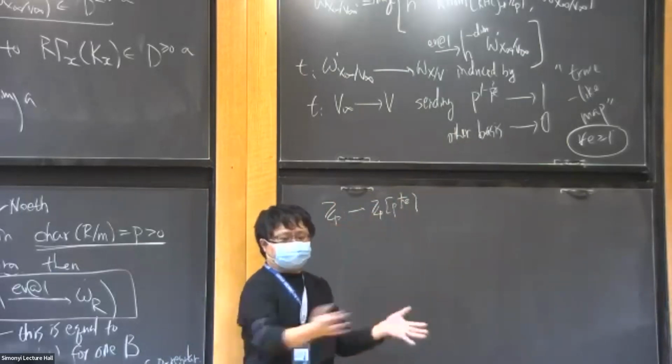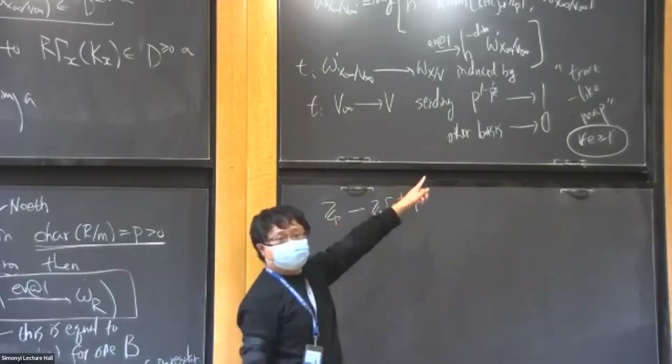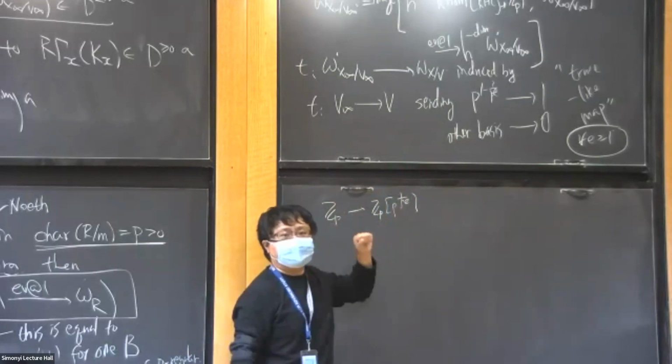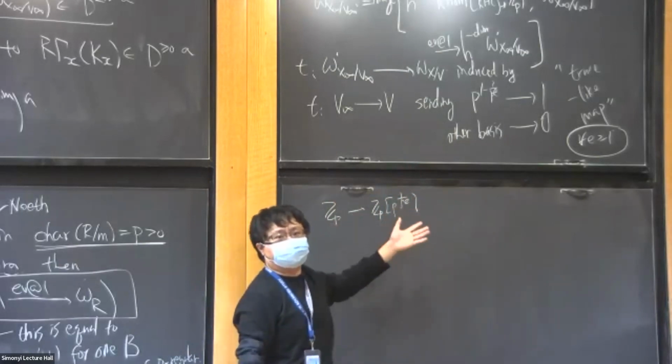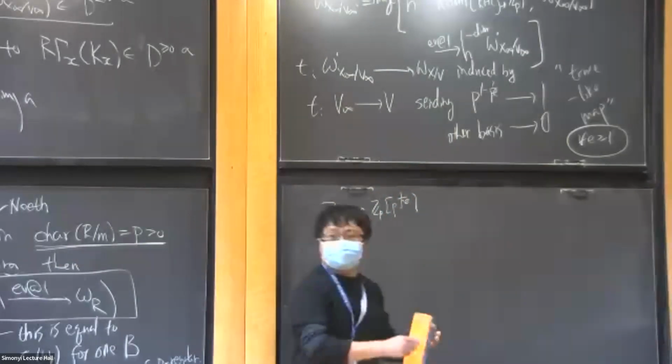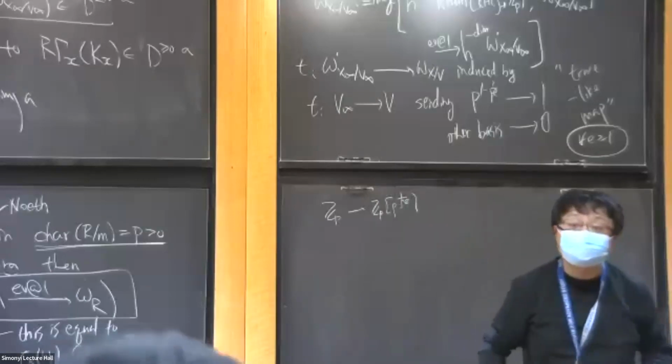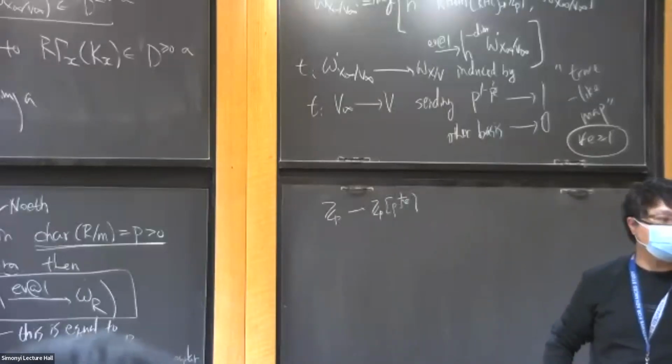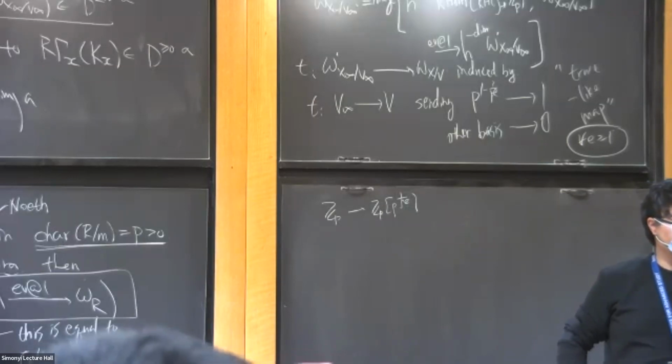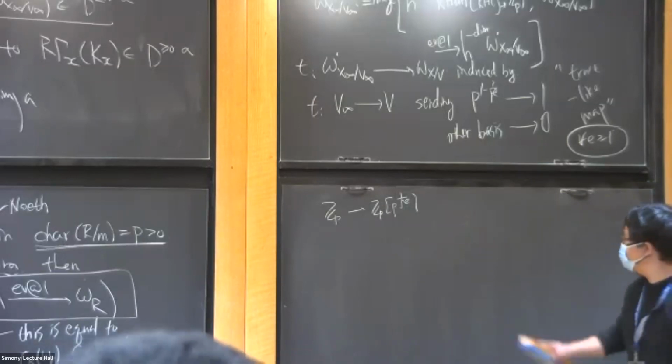We want to choose them in a compatible way, so we send all those particular things to 1 and others to 0. That's compatible on all these, it turns out. So this is a colimit of normalized traces.